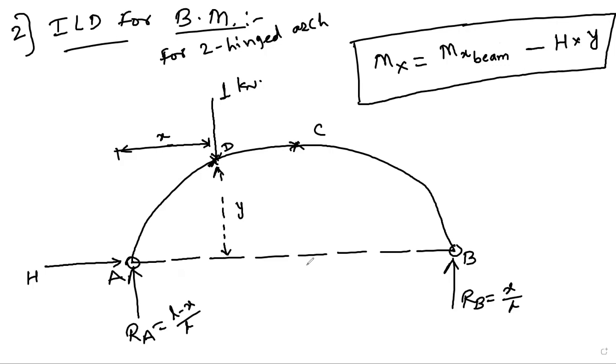Due to RA, Mx of beam is nothing but due to the reactions, that is moment about x, RA into x, that is Mx of beam, and anti-clockwise H into y, about the section, and that is about point D. Shall I proceed?